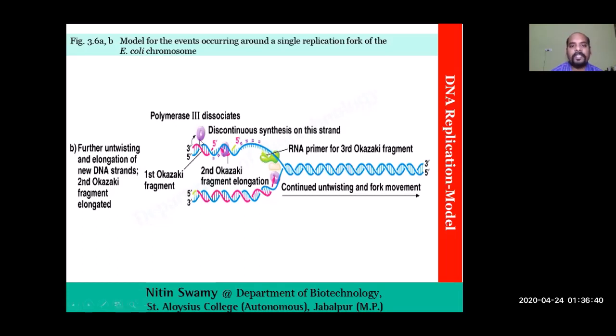The first Okazaki fragment is there, the second is there, and formation of the third Okazaki fragment is taking place. There would be more than one RNA primer on the lagging strand because various Okazaki fragments are made there. The leading strand has only one RNA primer, and the direction of replication is always 5' to 3'.